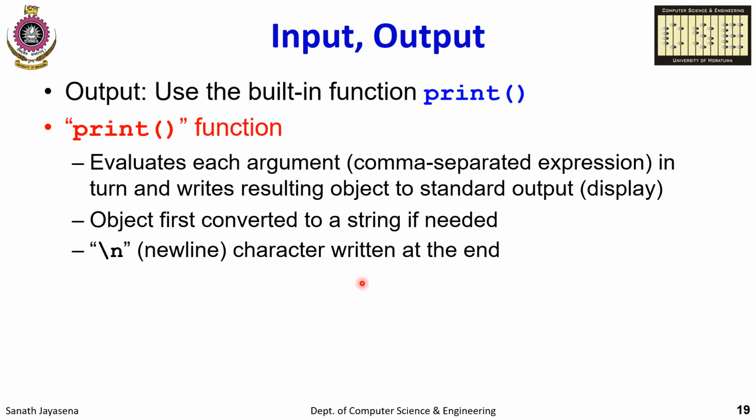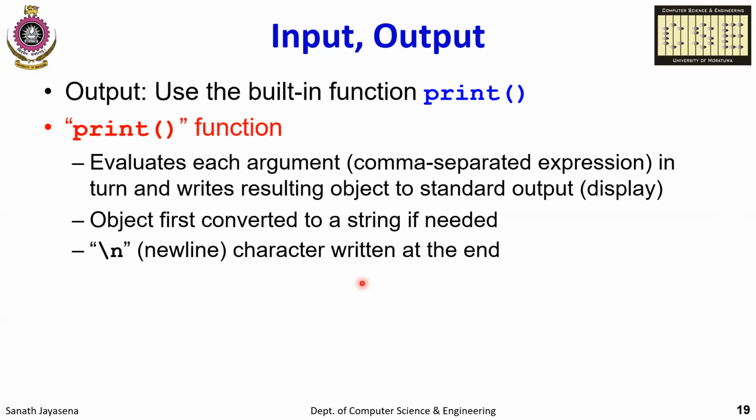So the idea is that on the display, after the list of items are displayed, the new line is also output, which means in the command line, you will see the cursor starting at a new line, right?